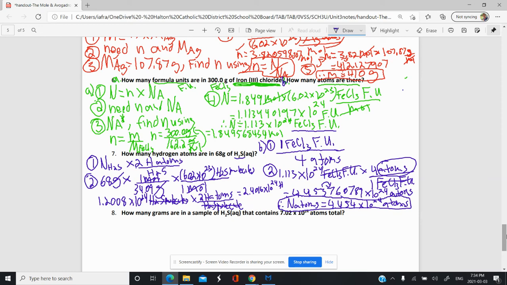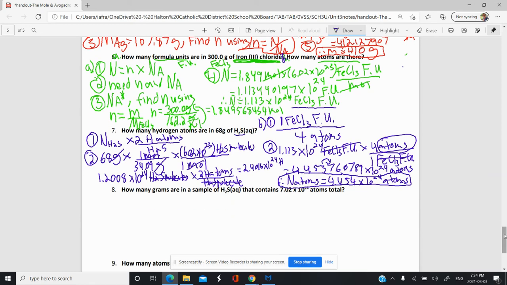You can then write a therefore statement to the correct number of significant figures, which is 2. I recommend you do this on a piece of paper so you have more room. Therefore, the number of H atoms is equal to 2.4 times 10 to the power of 24 H atoms. And that there is my final answer.